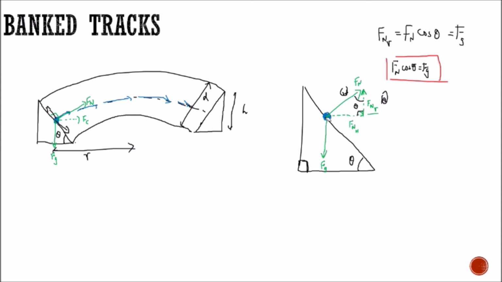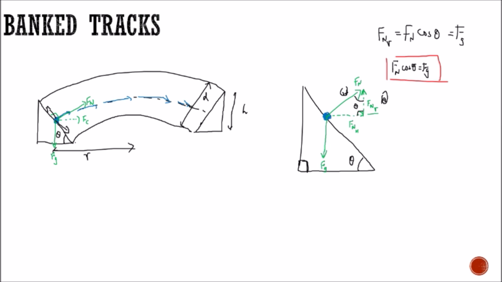Well, notice that this horizontal force here is acting towards the center of the circle. Now look at this diagram. The centripetal force was the force acting to the center of the circle. So really, the centripetal force is the normal force acting in the horizontal direction.